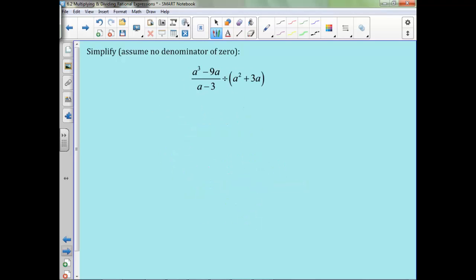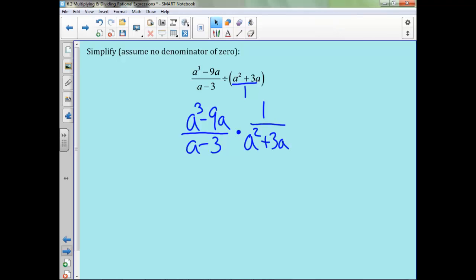This one, same idea. Notice it's over 1 already. So let's go ahead and change it to a multiplication problem by multiplying by the reciprocal, so 1 over a squared plus 3a. And now let's factor what we can. In our numerator here, we can factor out an a. We're left with a squared minus 9.